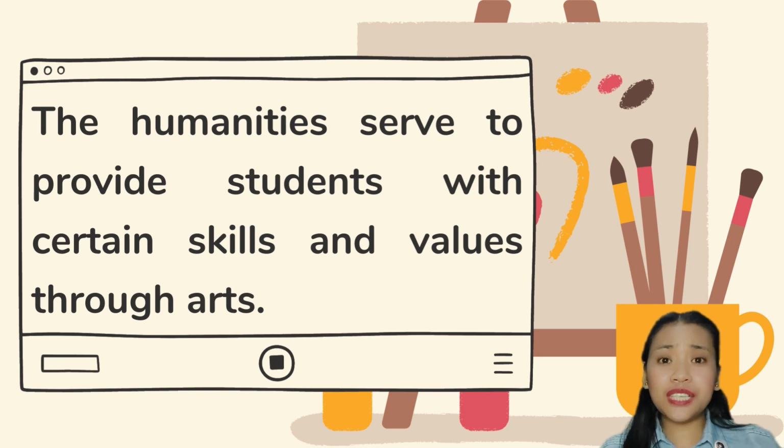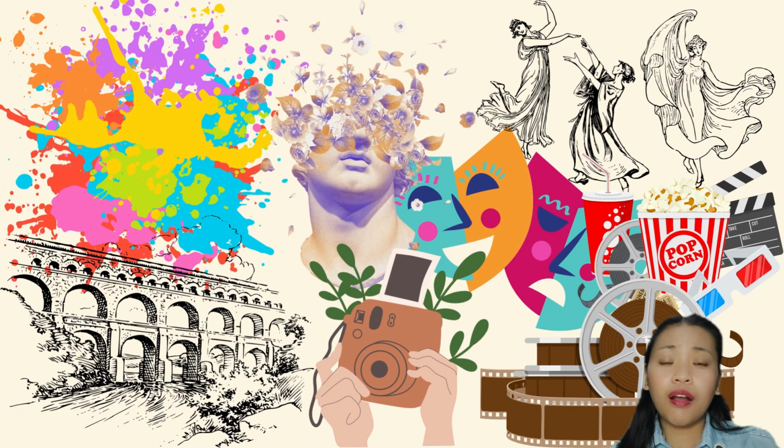In our century, class, the humanities serve to provide students with certain skills and values through arts. Instruction places his area of specialization within the broader perspective of the human condition and ideal as imaginatively rendered in painting, sculpture, architecture, photography, dance, drama, and cinema, as well as the traditional components of humanities.